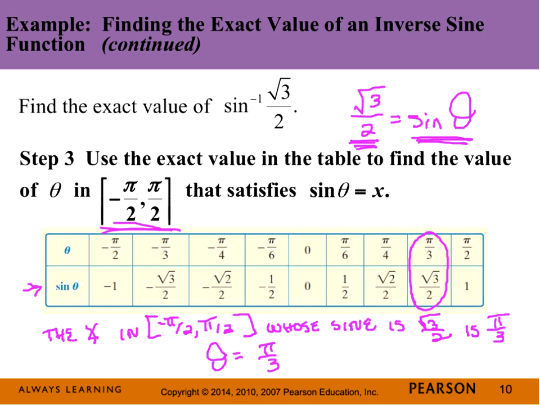So that's stating it in words, or I could have said theta in this case is pi over 3. When I take the sine of theta, I get square root 3 over 2.